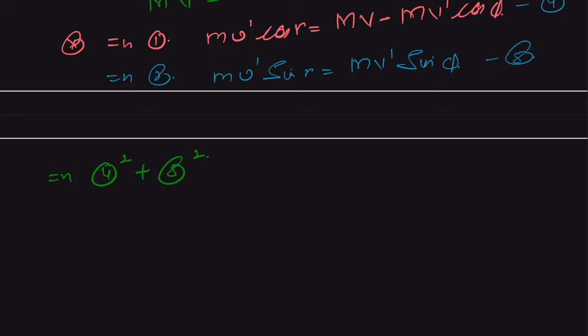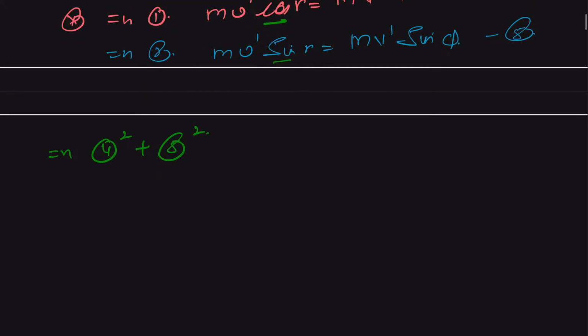And on our left side, we are going to get cos square plus sine square, that will be equal to 1.